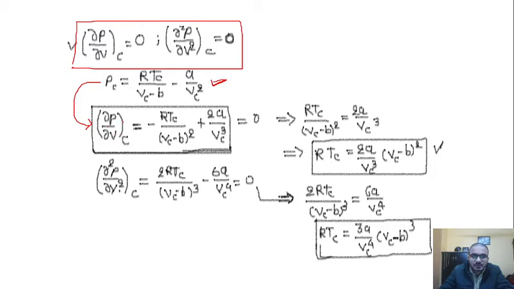And as the derivative is 0, we can equate it like this: RTC upon (VC minus B) square is equal to 2A upon VC cube. And here we are getting the value RTC = 2A divided by VC cube into (VC minus B) whole square. Now the next is the second derivative.